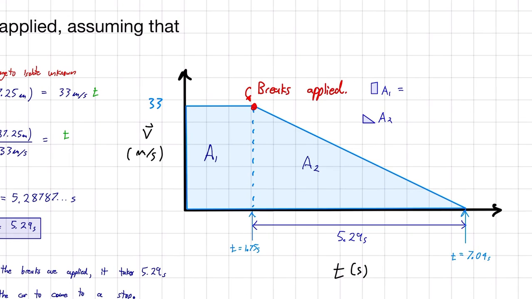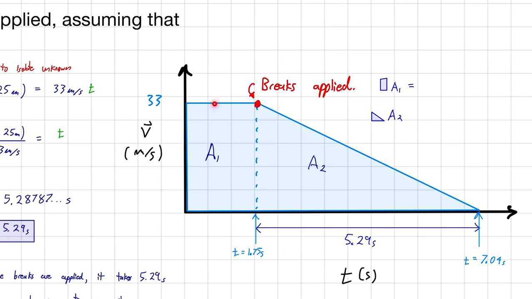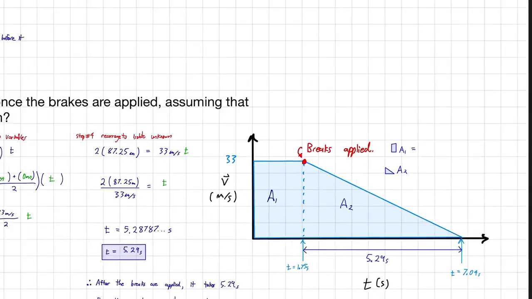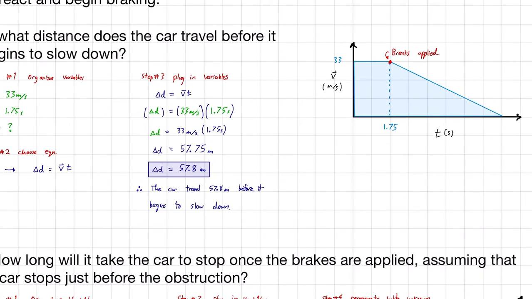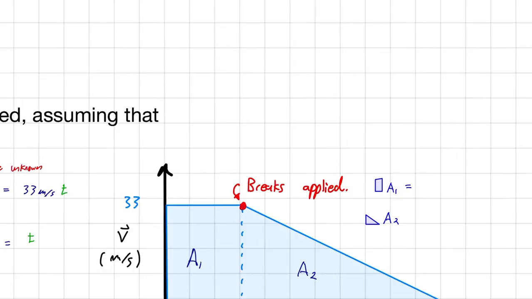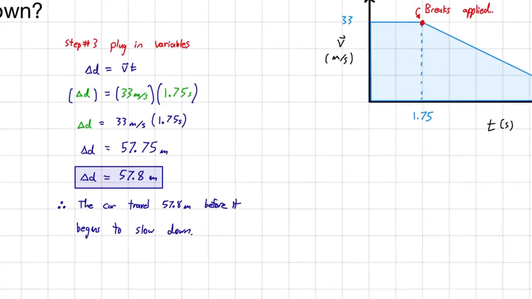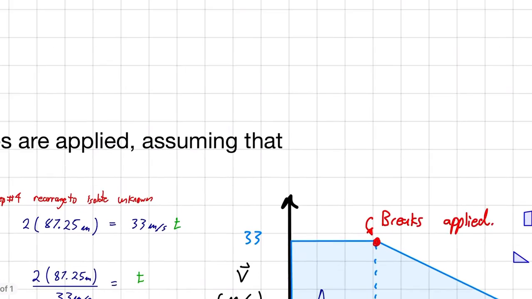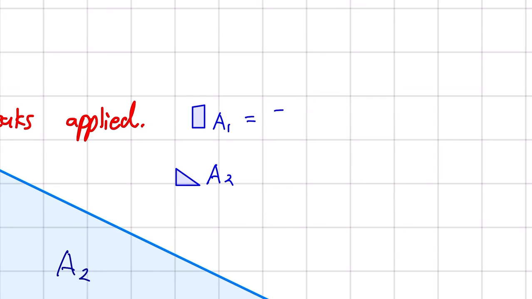So we know these areas now without even having to calculate them the graphical method. We know these areas. So this area is the distance traveled before the brakes are applied. So that's actually what we found in part A over here, 57.8 meters. Rather, I'm going to use the full answer. So A1, we know, is 57.75 meters.